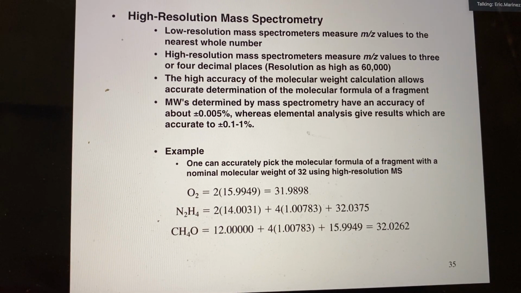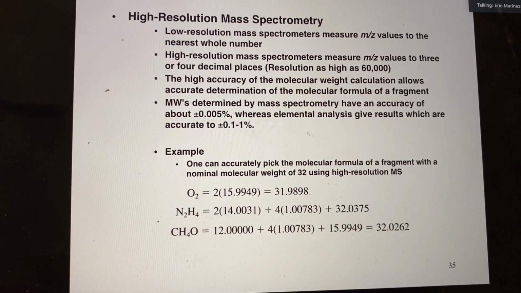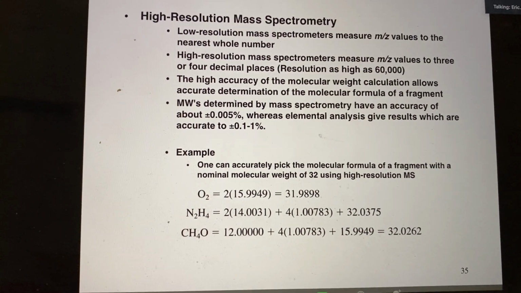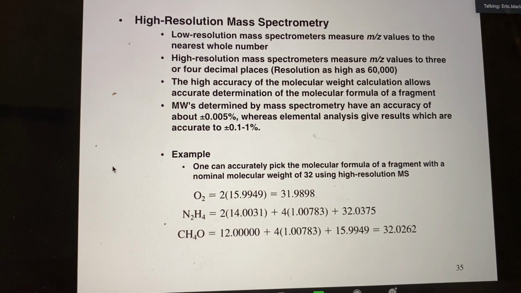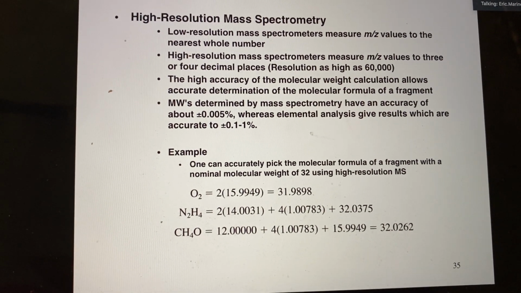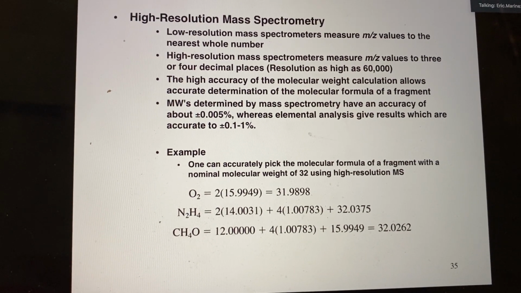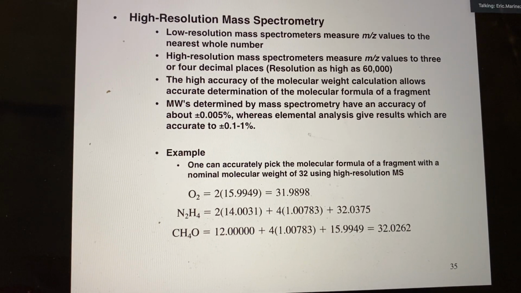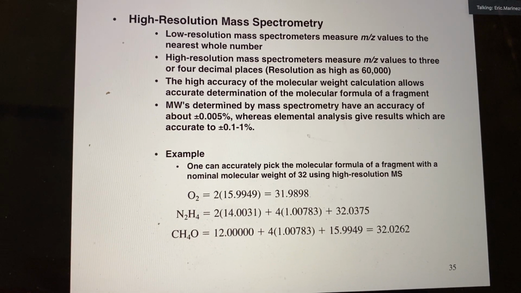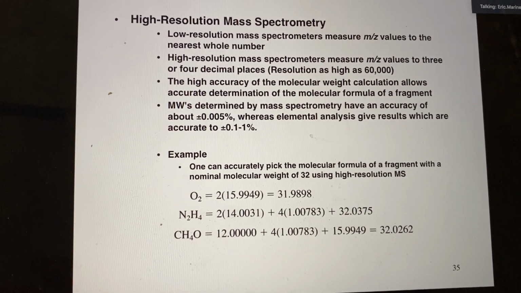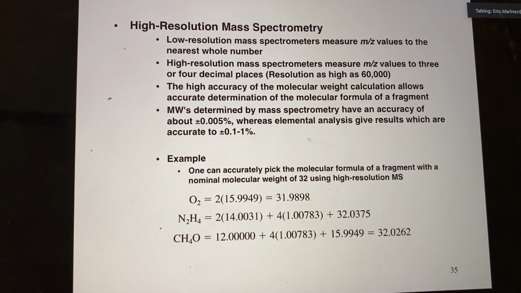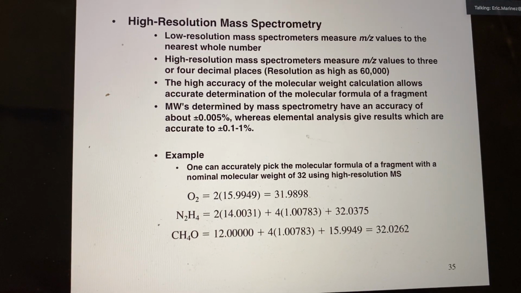All right, just a couple final things here in these slides. Up to this point, we've been really talking about low resolution mass spectrometry. Notice one of the things I was talking about was just adding systems. If I saw loss of a methyl group, I was just saying, okay, carbon's 12, hydrogen's 1, so 3 hydrogens, that's 3, plus 12, that's 15.